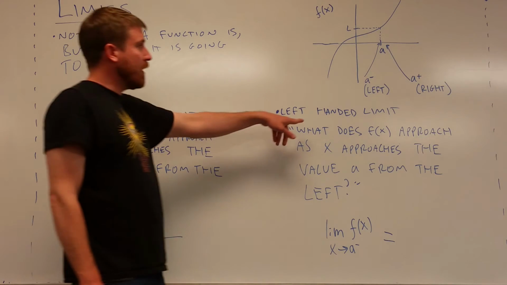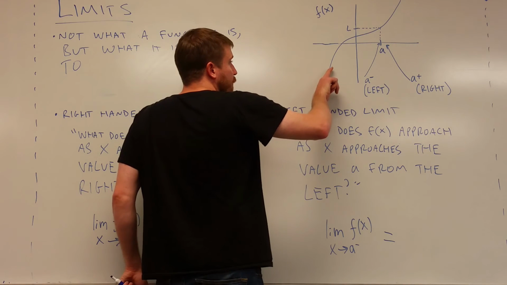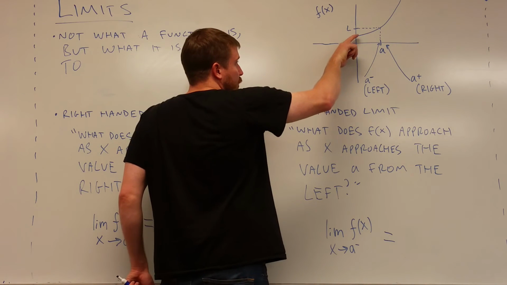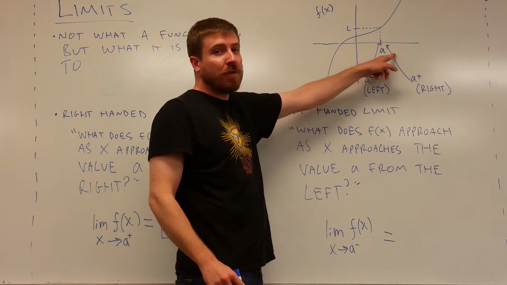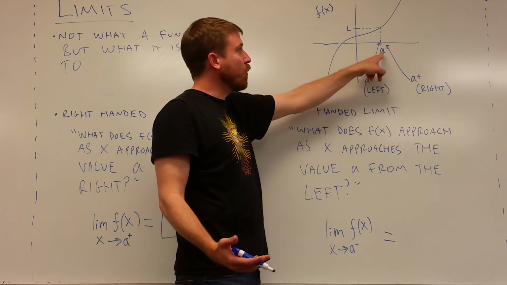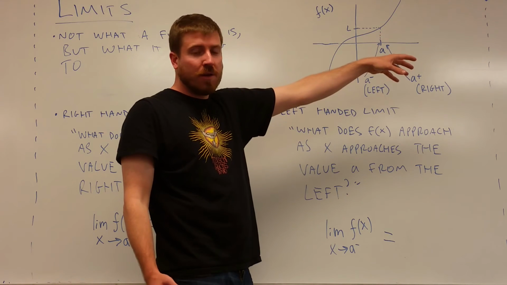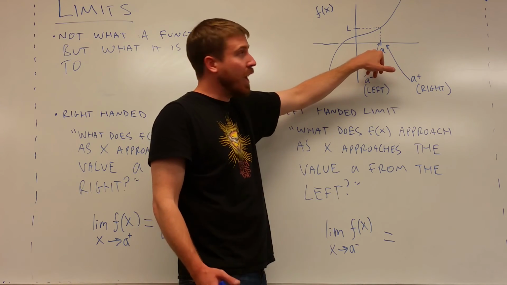Now when we do a left-handed limit, that's going to be very similar, except now we're concerned about what does the function approach as x approaches a from the left. Now if to the right was to the right of a, to the left is going to be to the left of a. And if to the right was a value slightly greater than a, the left is going to be a value slightly less than a.